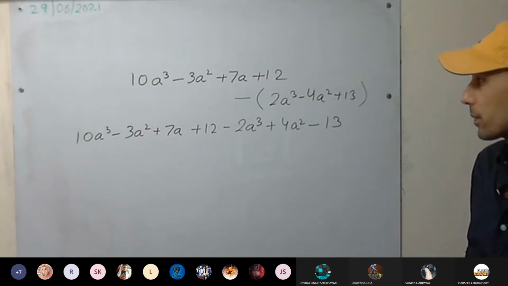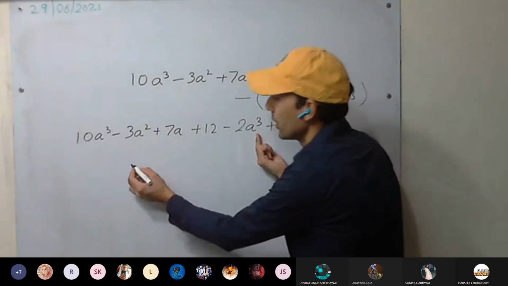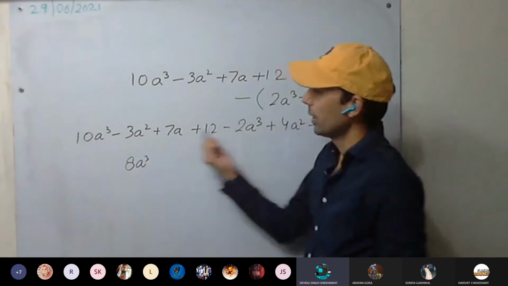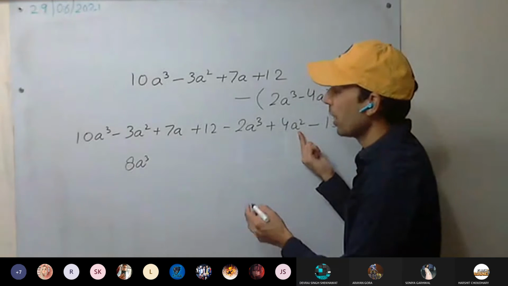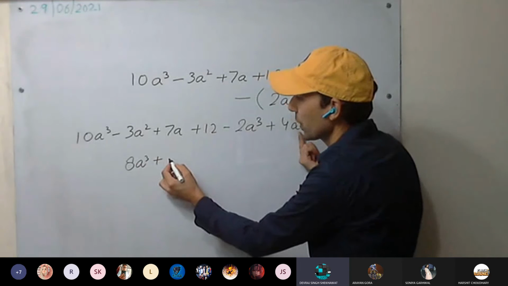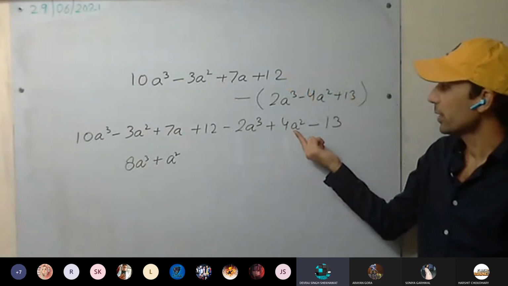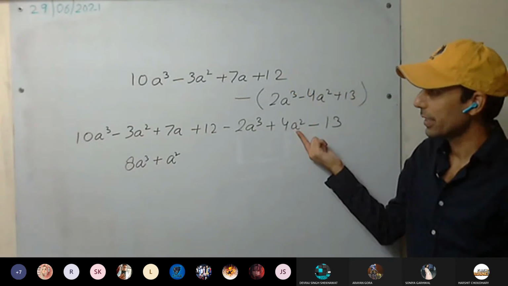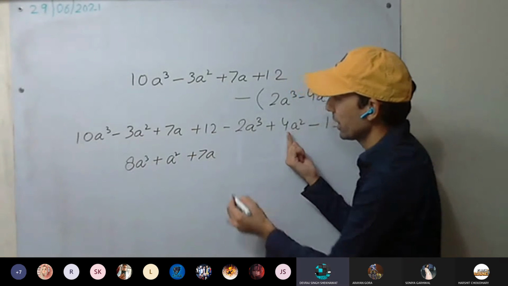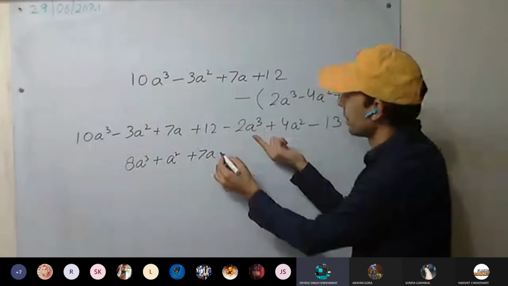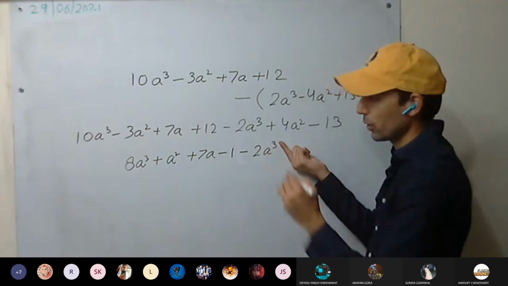Solve this one. 10a cube minus 2a cube is 8a cube. Minus 3a square plus 4a square is plus a square. Then 7a, no other term. 12 minus 13 is minus 1.